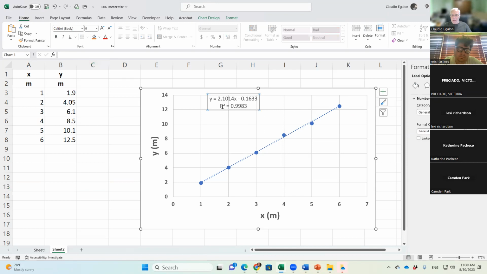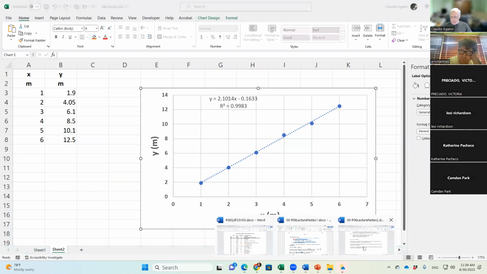R squared only gives you a qualitative idea of how close the equation is to the data points. That's all. If you want a quantitative idea of how close the regression equation is to your data points, you're going to need something else. Okay, so let's go there.